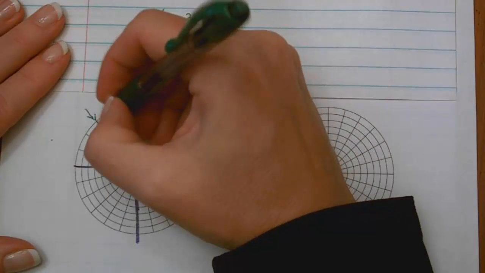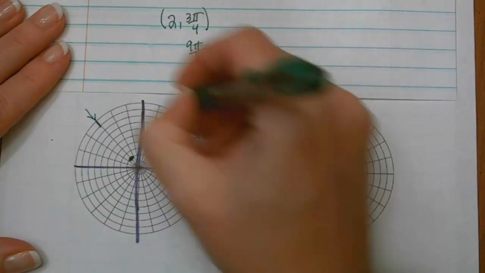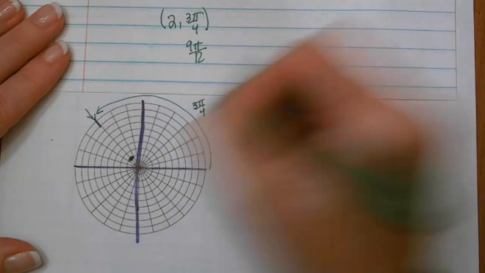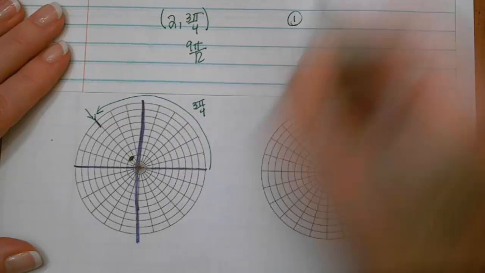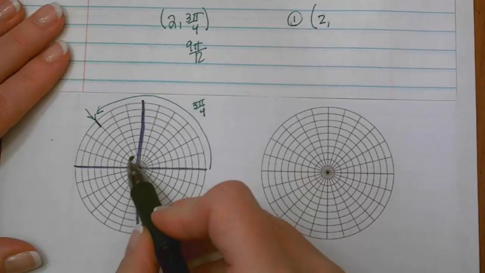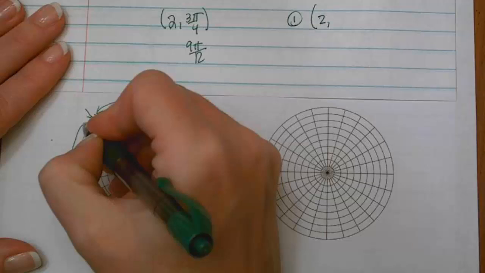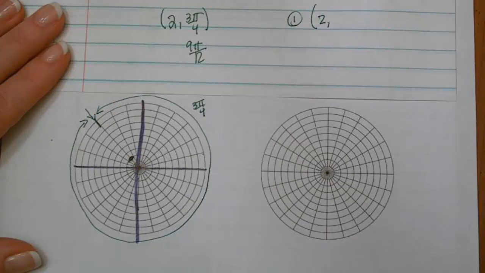Well, one way to get to this point was to go in this direction, which was a distance of 3 pi over 4. Another way that I could do this is I could still keep the radius positive 2, but I could get to this point by going in a clockwise direction.